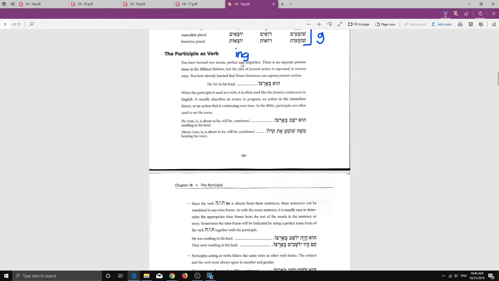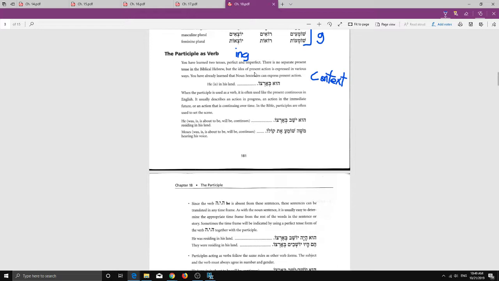So when we are using a participle as a verb, a lot of times, again, not always, and we'll refer to our favorite word about this, it's going to be context, it is able to be used in the present tense.